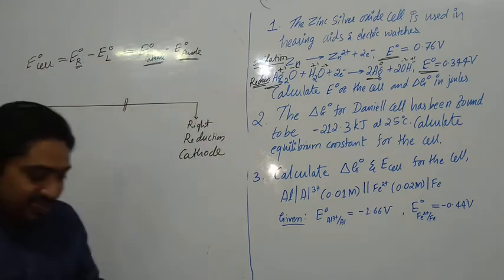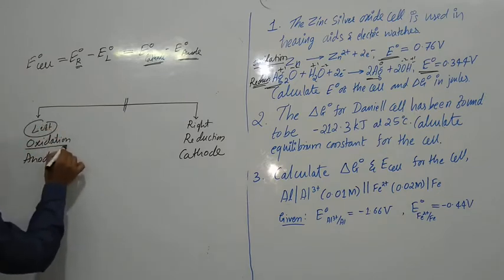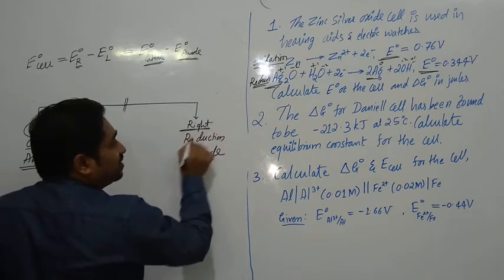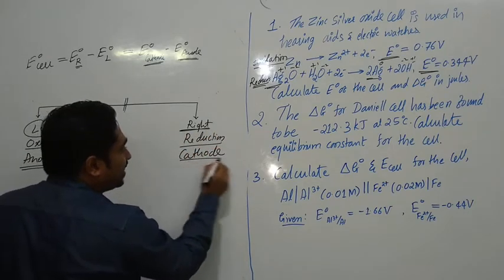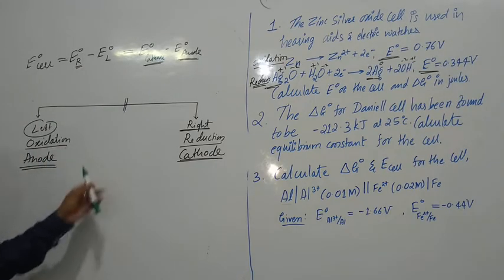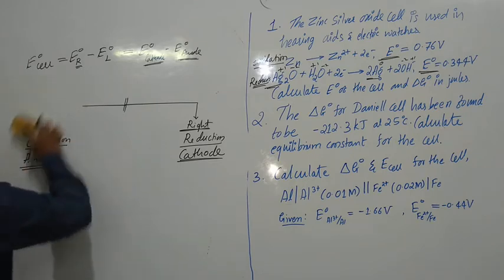This is only for a galvanic cell. In a galvanic cell, on the left hand side the oxidation reaction takes place, and that is called the anode. On the right hand side the reduction reaction takes place, and that half cell is called the cathodic half cell. So simply we can remember it like this. This is the simplest trick to remember in a galvanic cell which reaction takes place in which electrode.